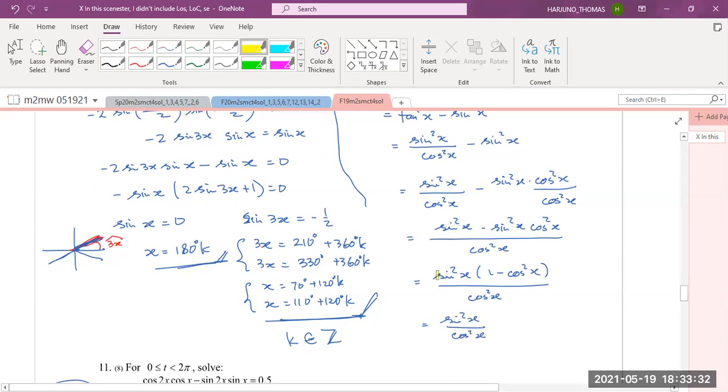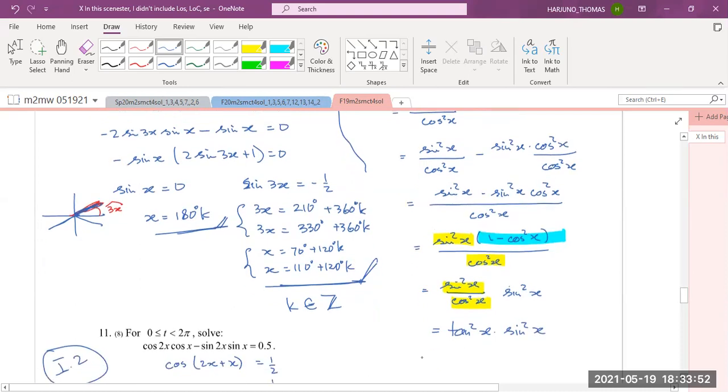So this guy becomes this, and this guy becomes this. Is it okay? But that's tangent squared x times sine squared x, which is what we want on the right-hand side.